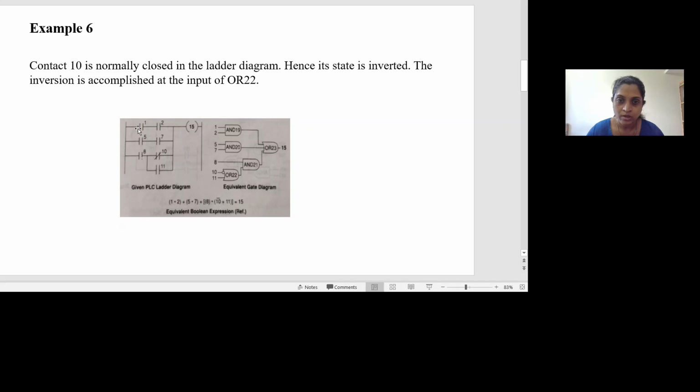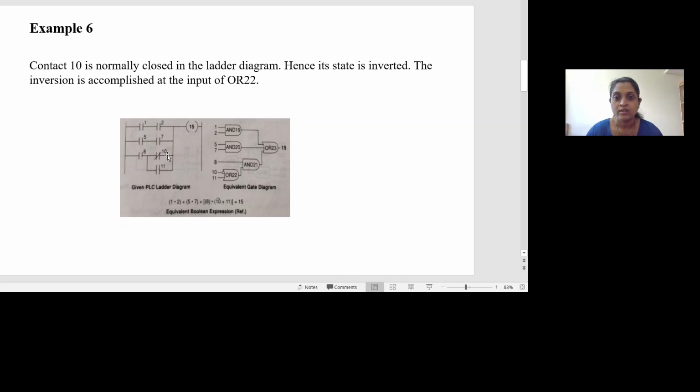Now you see the combination of 1 and 2 is in parallel with the combination of 5 and 7. Similarly, that is in parallel with the third rung. Hence, this parallel combination is replaced by one more OR gate. For that OR gate, the first input comes from the combination of 1 and 2, the second input from the combination of 5 and 7, and the third input from the combination of 8, 10 and 11.